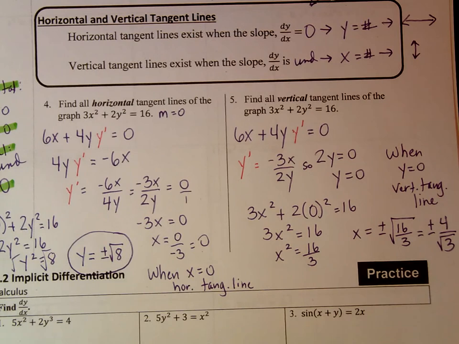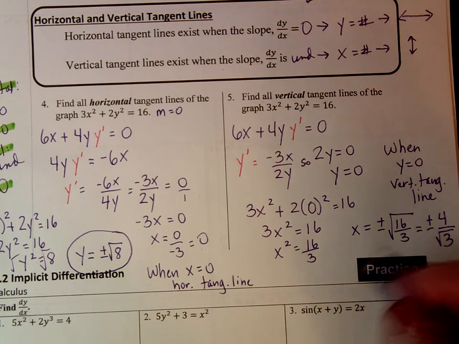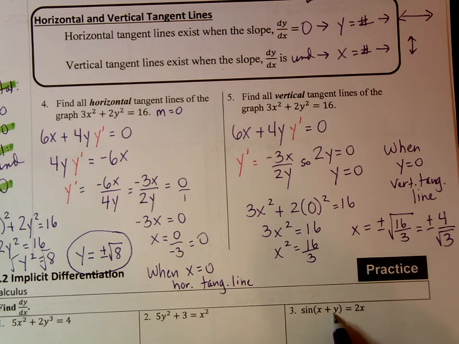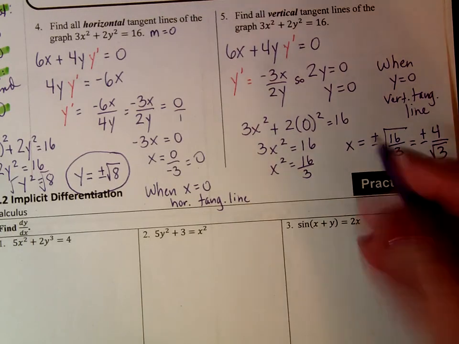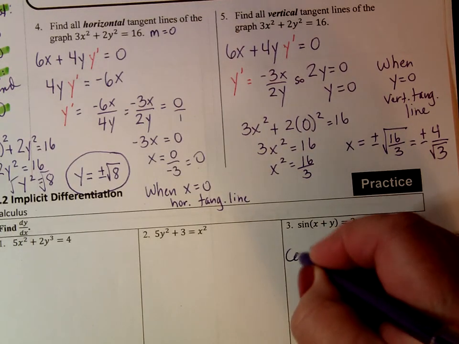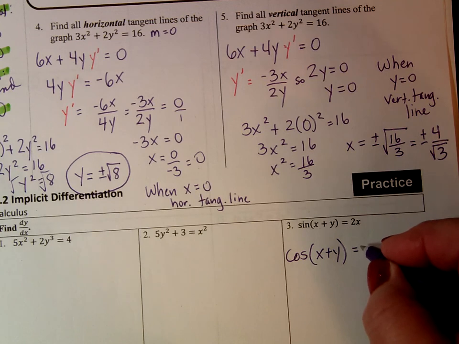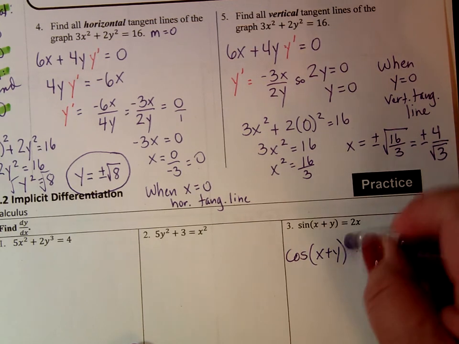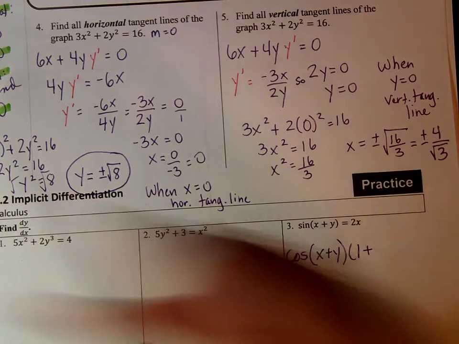All right, we're going to try a few practice problems and call it a day. First one I picked was number 3. Number 3 says, again, I've got sines of x's and y's. I know I need to go implicitly on him. So if I do that, the derivative of sine is cosine, same angle. Derivative of what's inside: the derivative of x is 1, and the derivative of y is 1, but it's a y prime.